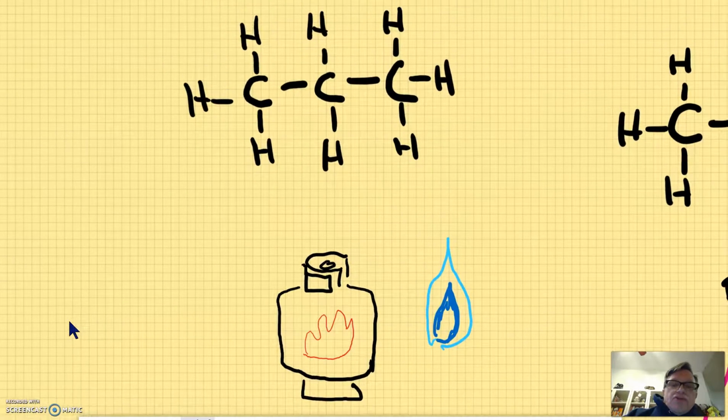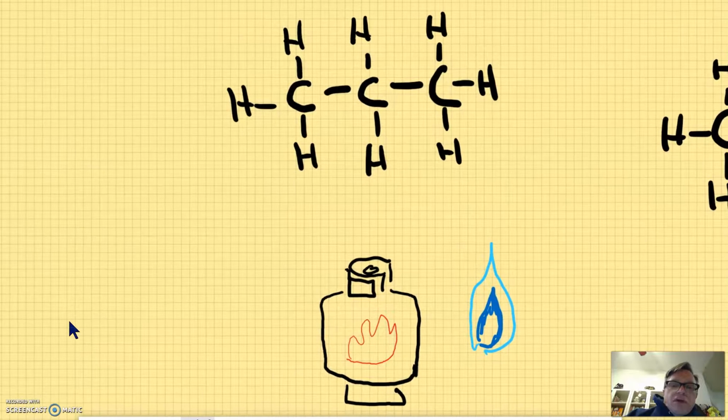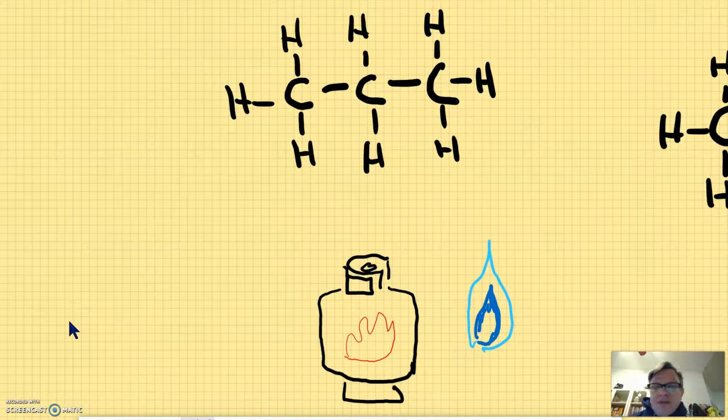So, as you probably have experienced in your own life, propane is a gas, it's flammable, and it's a gas because it won't stick to itself. It's not a super light molecule compared to, say, oxygen, but it still is not very heavy, and if it won't stick to itself, then it will be a gas.